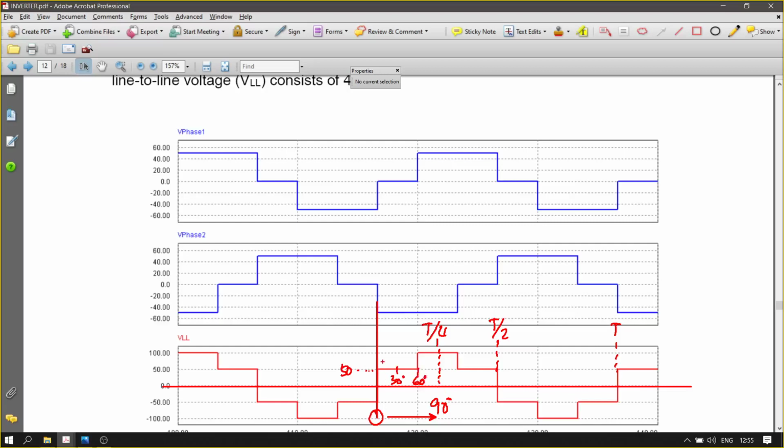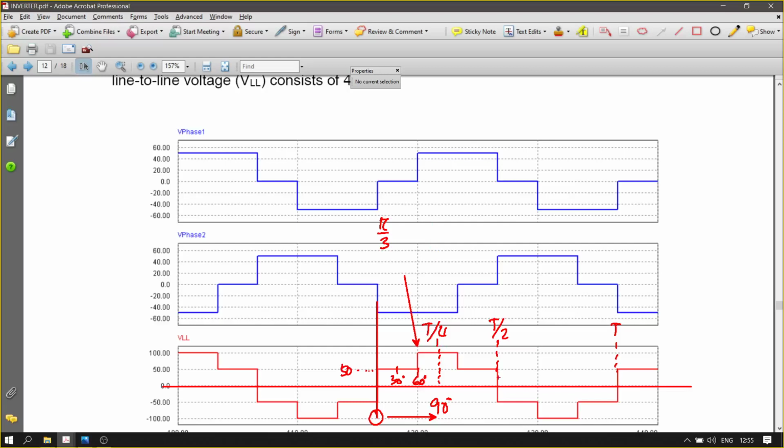So you have to evaluate from 0 to pi over what? Pi over 6. No. Pi over 3. So from 0 to pi over 3, and then you have to evaluate from pi over 3 to pi over 4.